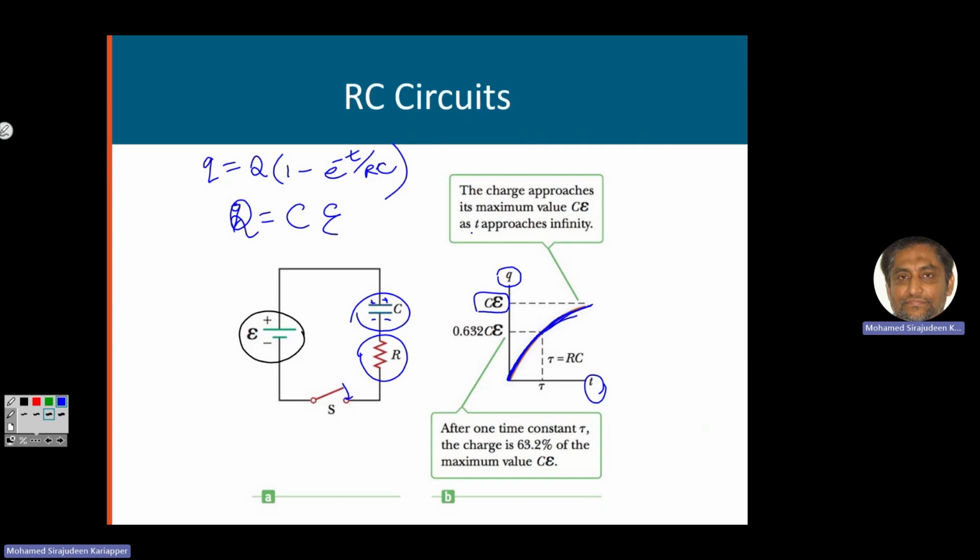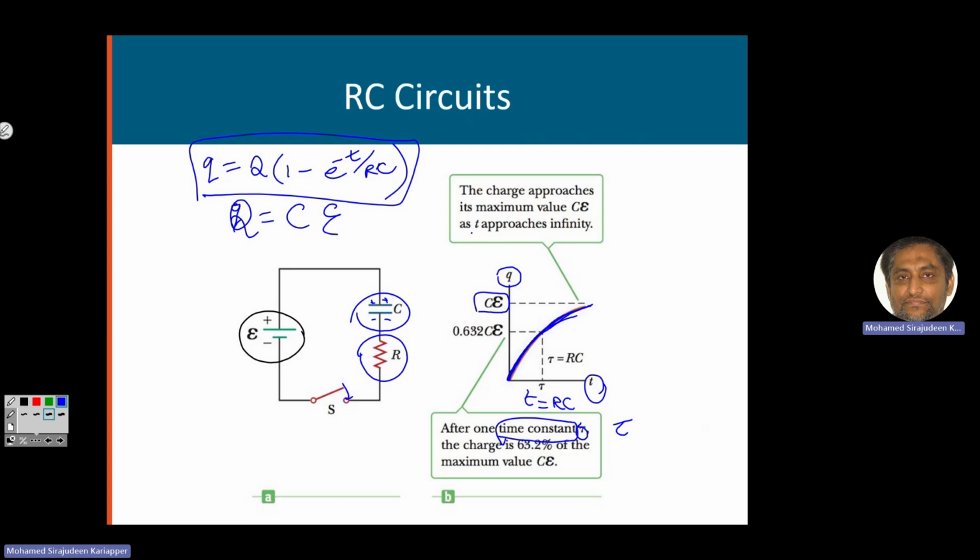And we can show very easily using this equation, if we take this equation to correctly describe this line, at a time equal to RC, given by the product of the resistance value and the capacitance value, it has a special name. We call it the time constant, and we denote the symbol tau for this time constant.